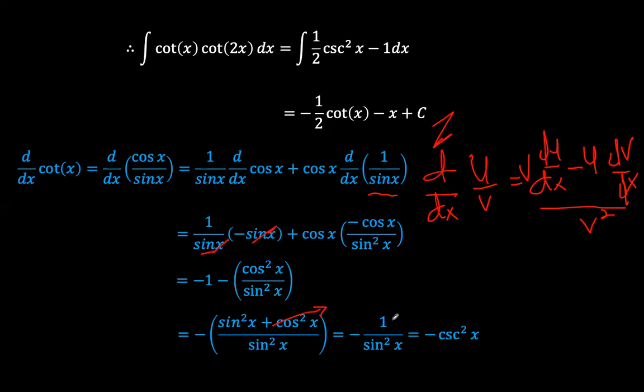So we have negative 1 over sine squared x, which is negative cosecant squared x. This brings us to why we obtain negative cotangent x when we integrate cosecant squared x.